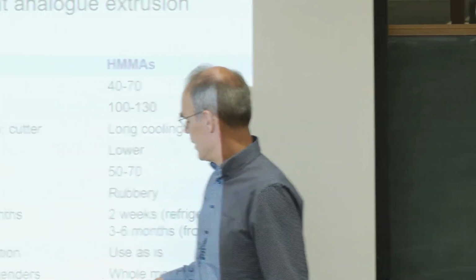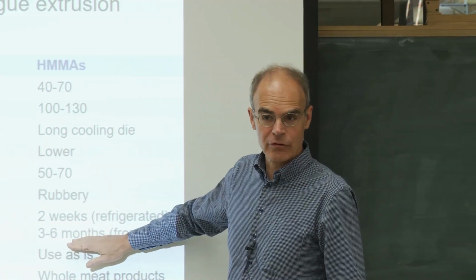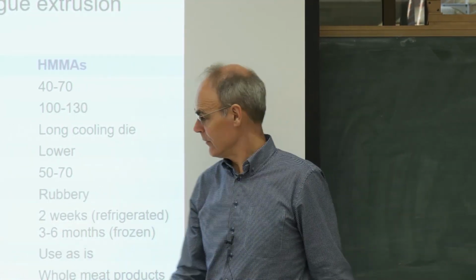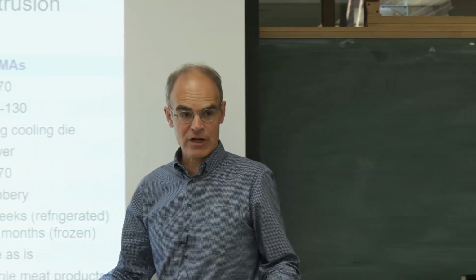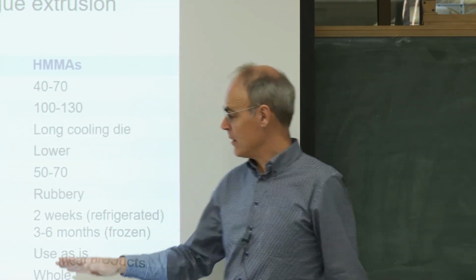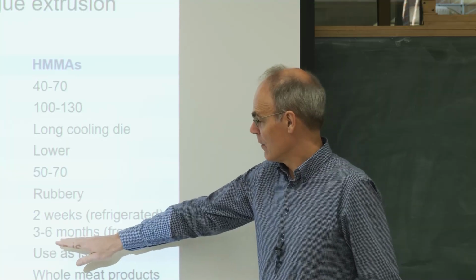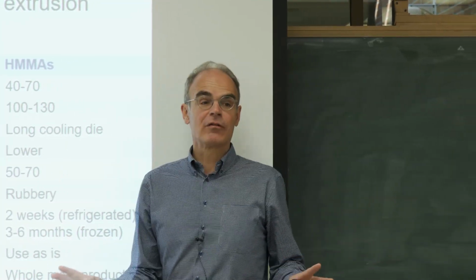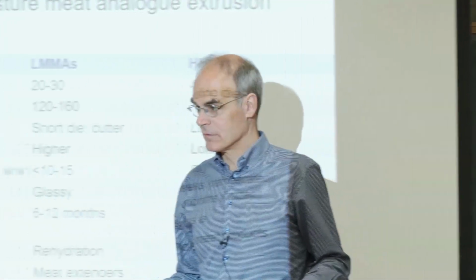If you have the high moisture meat analogs, you need to store them refrigerated, but then you have a shelf life of maybe 2 weeks. And in the majority of situations, we actually freeze them. Now, freezing of product is expensive.